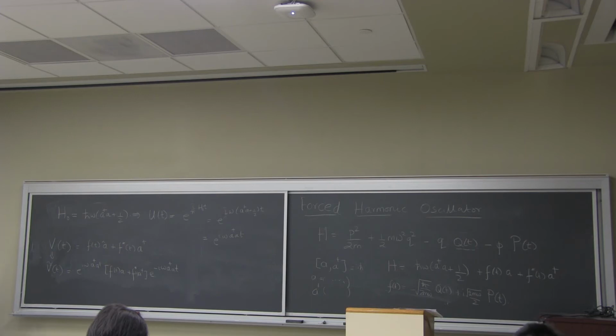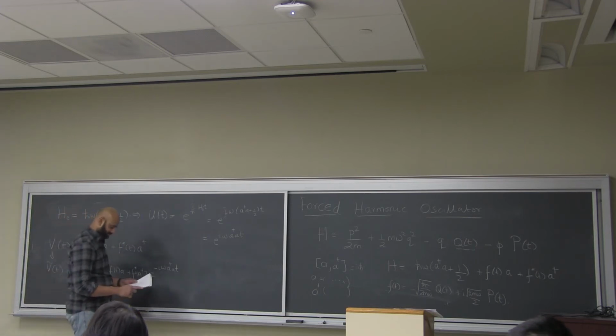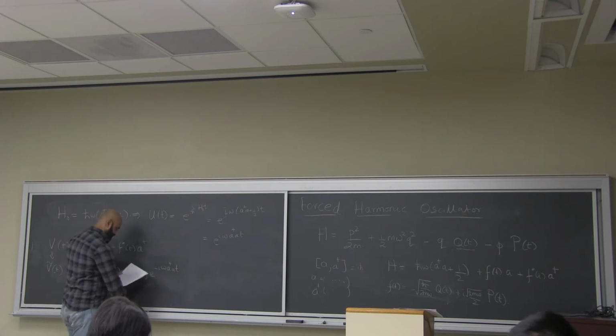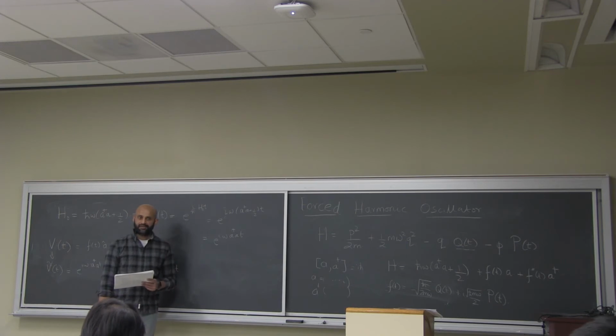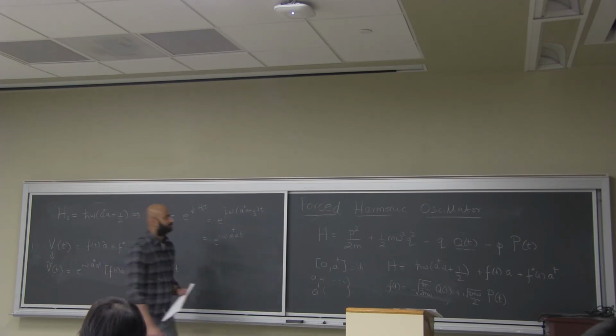Or at least you know what it does. It's called the Baker-Campbell-Hausdorff identity. Have you heard of this? It's also going to be a homework problem for you to prove it.